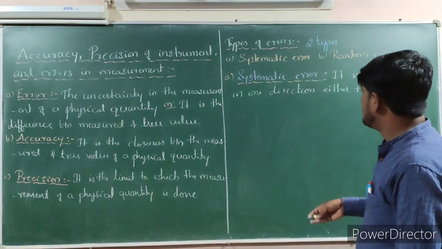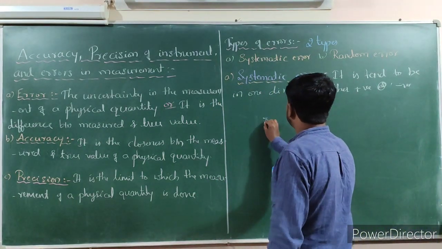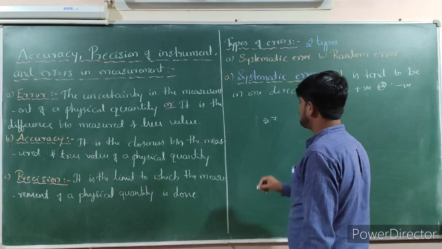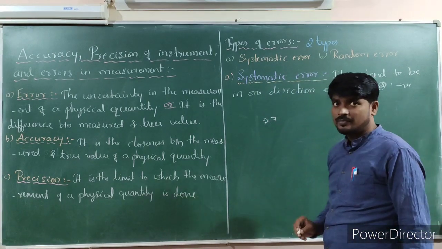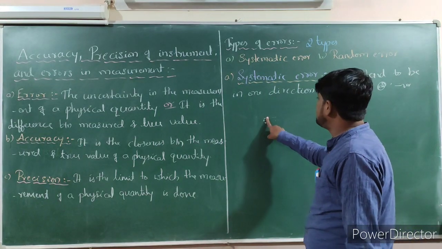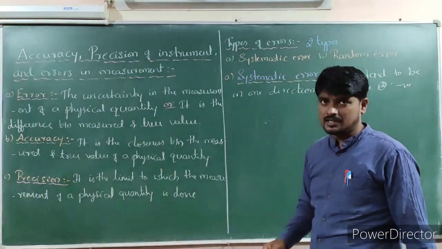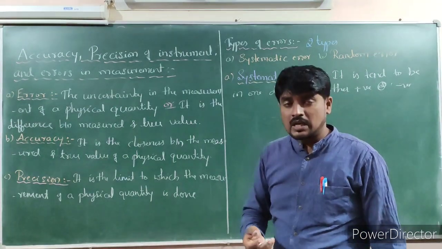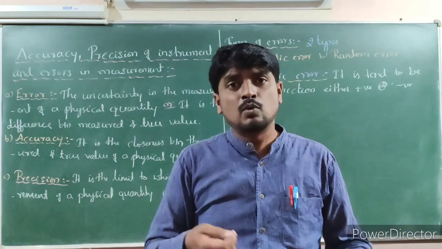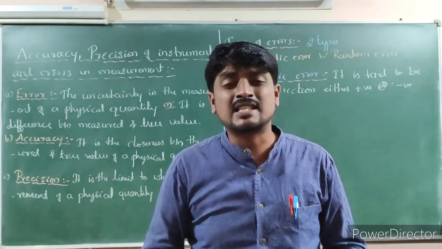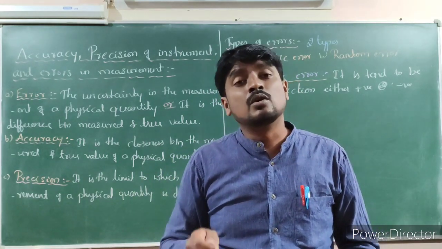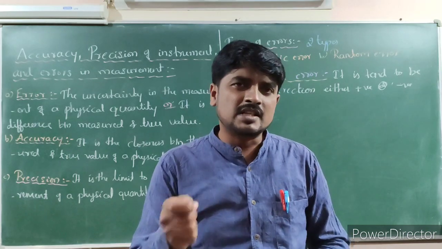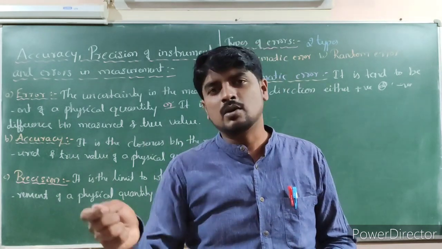Suppose you want to measure a length and it is 5.7, but actually it is 5.5. The length is increased by 0.2 centimeters. If you measure one more length, say 6.5, it will go 6.7. If you want to measure 7.5, it will go 7.7.